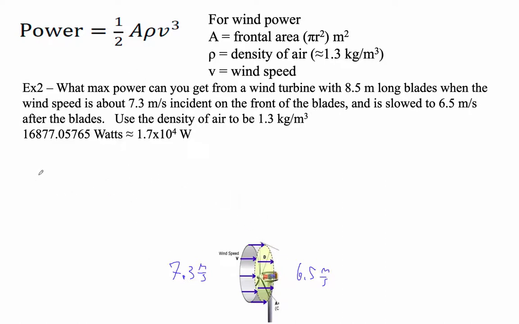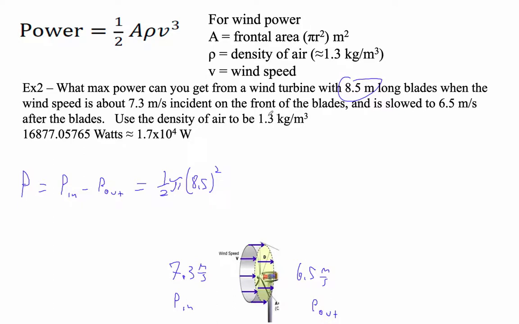This is power in, and this is the power that we're sort of discarding. It's going to be 1/2, 8.5 meters long, so the area is pi r squared times 8.5 squared.